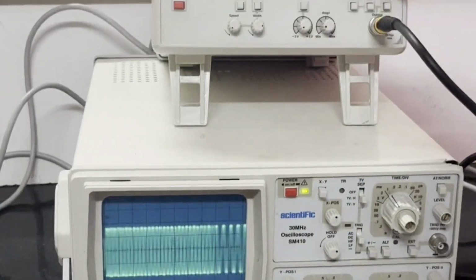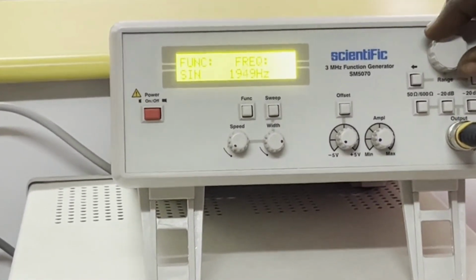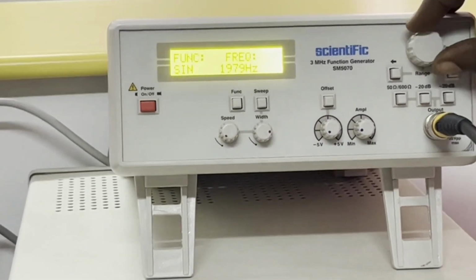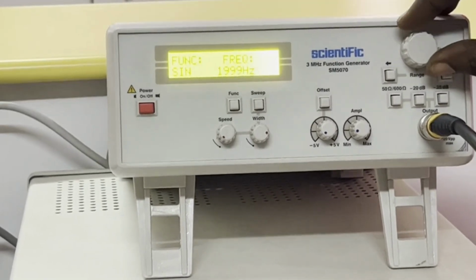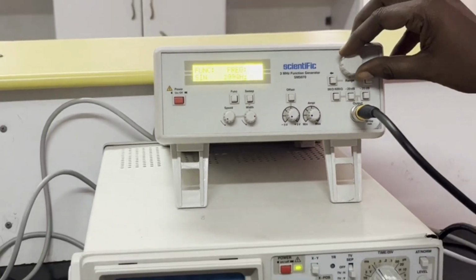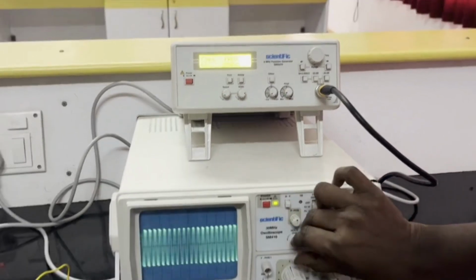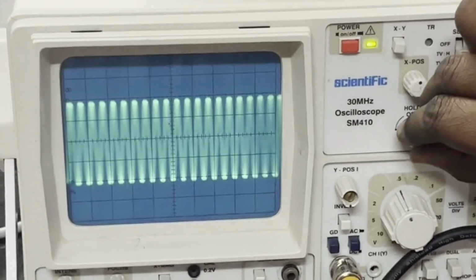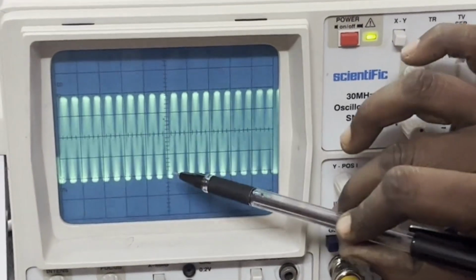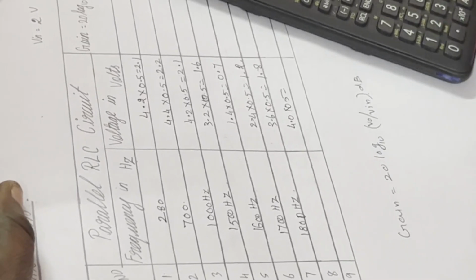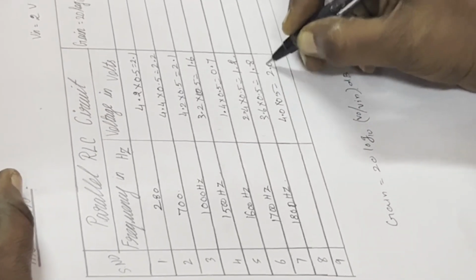Again I increase, to 2000 Hertz. I have to put 2000 Hertz. I hold it. Now we get 1, 2, 3, 4. Exactly 4. 4 into 0.5, we get 2.0.